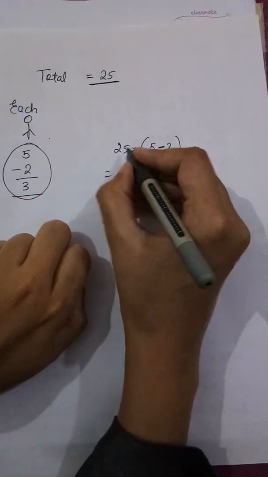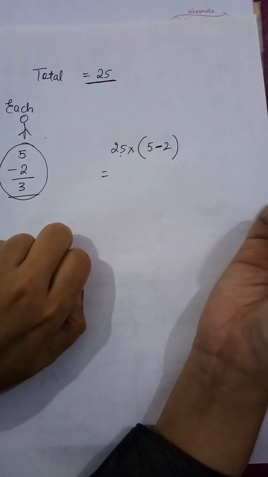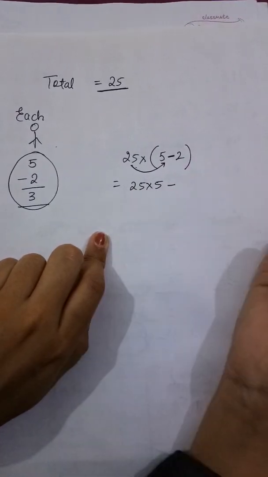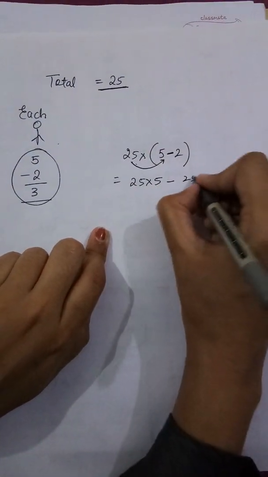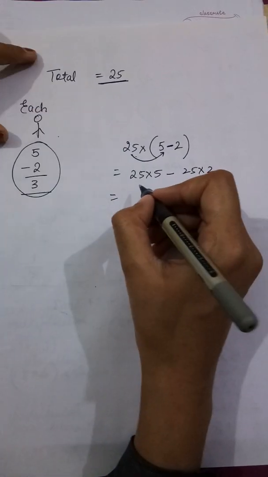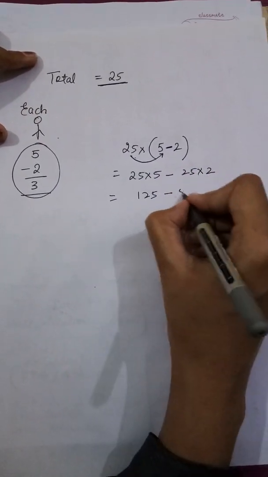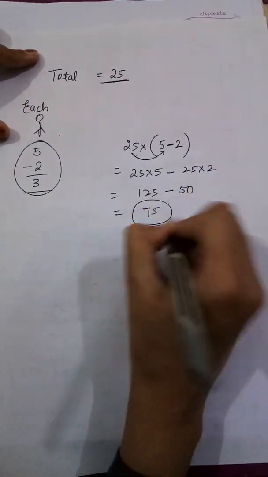Again we are going to use the distributive law here. 25 will be multiplied by 5, minus sign is there, then 25 will be multiplied by 2. Now what will come here? 125, because 25 5s are 125, minus 50, and the answer is 75.